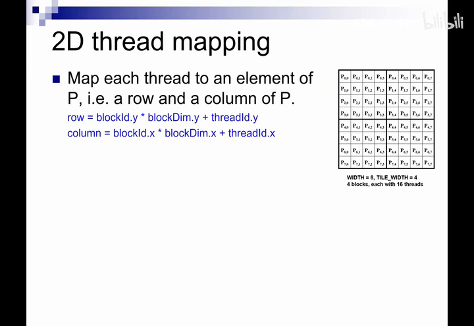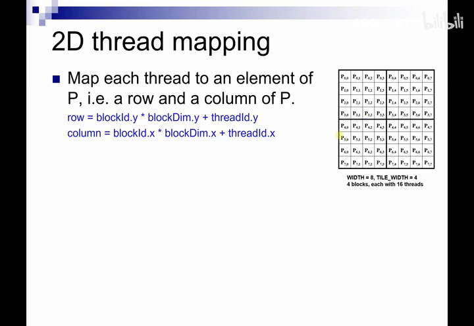The way we do this is, if we're in these 4x4 thread blocks, and then we have 2x2 of these blocks, then we're going to take the block ID here, which is a number between 0 to 1, the block ID in the y direction, and then you multiply by the block dimension in the y direction, which is 4.